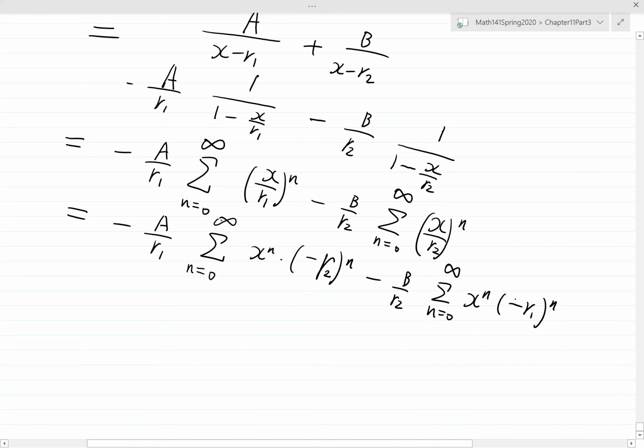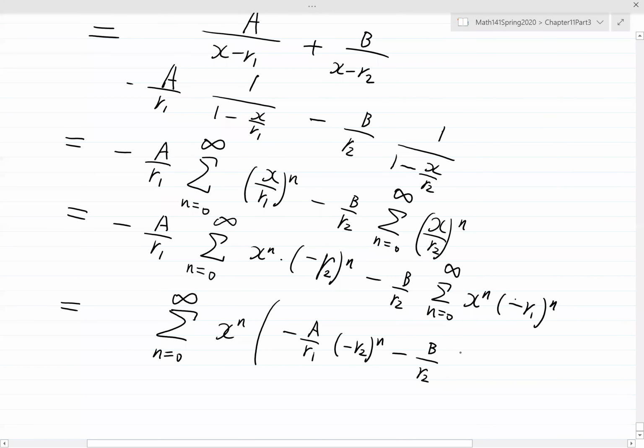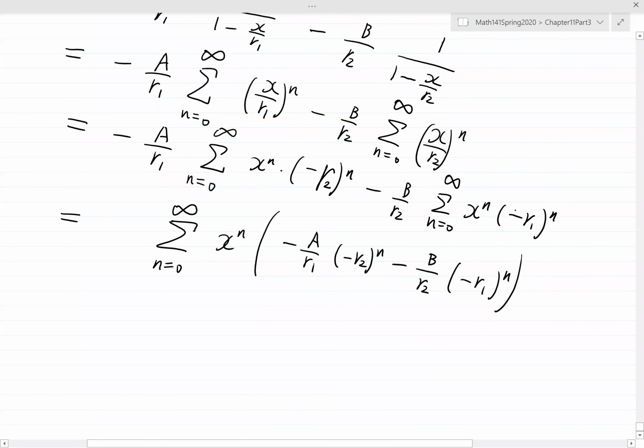Combine everything together, then what we get is the coefficients, n from 0 to infinity, of x to the power n multiplied by negative a over r1 times negative r2 to the power n, plus negative b over r2 times negative r1 to the power n. Now finally we can write down the Fibonacci number Fn.